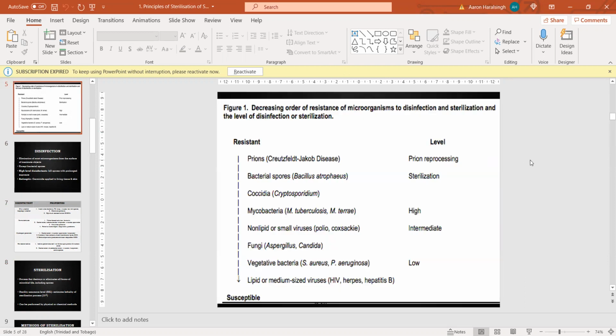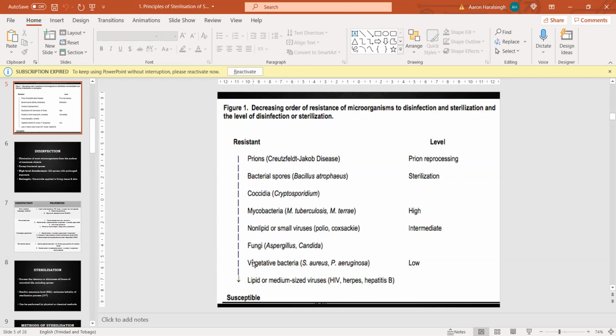The microorganisms that are involved in the disinfection and sterilization process range from prions to bacterial spores, mycobacteria, small viruses or non-lipid viruses, fungi, vegetative bacteria, and large or medium-sized and lipid viruses.